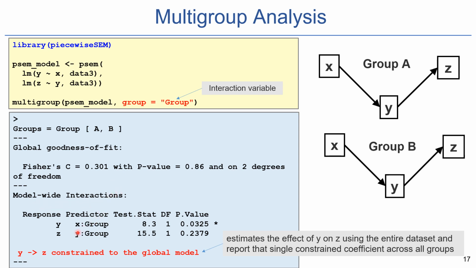So the interactions for Y, for the effect of group and X as interaction, and for the interactive effects of Y and group. And we see that this interaction is not significant, then piecewise SEM tells you that the effect of Y on Z here is constrained to the global model. It means that the non-significant interaction is removed from the model.